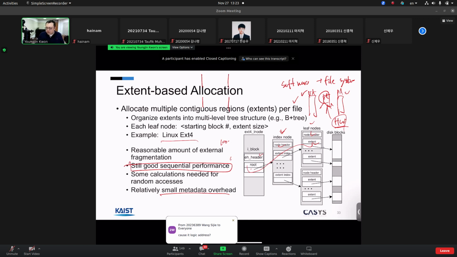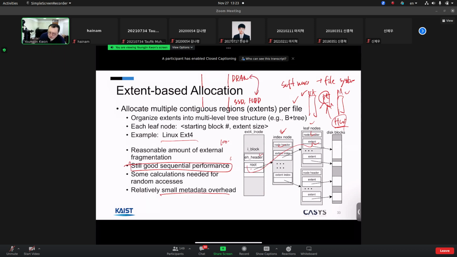No. So this is DRAM, and this is SSD and HDD. What are the fundamental differences between the two? Speed, exactly. They are slow. So even if the trap also happens in software, it's okay because these devices are slow.